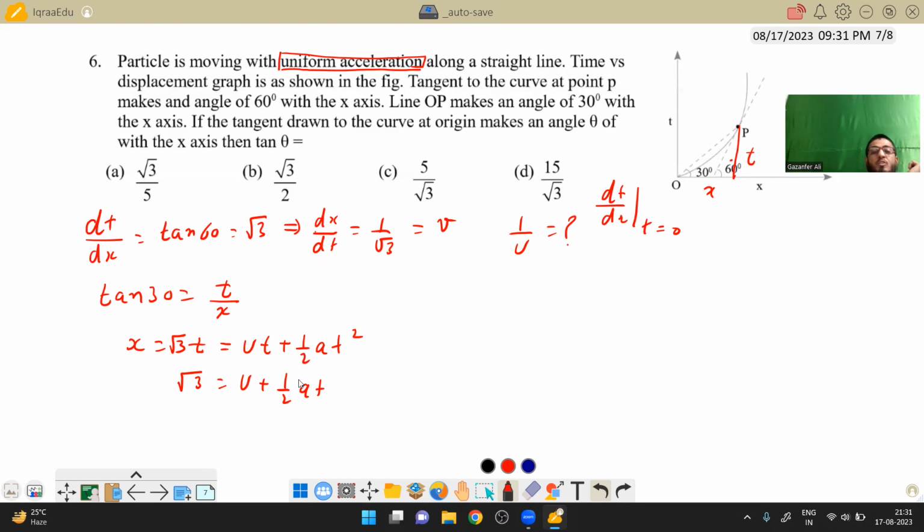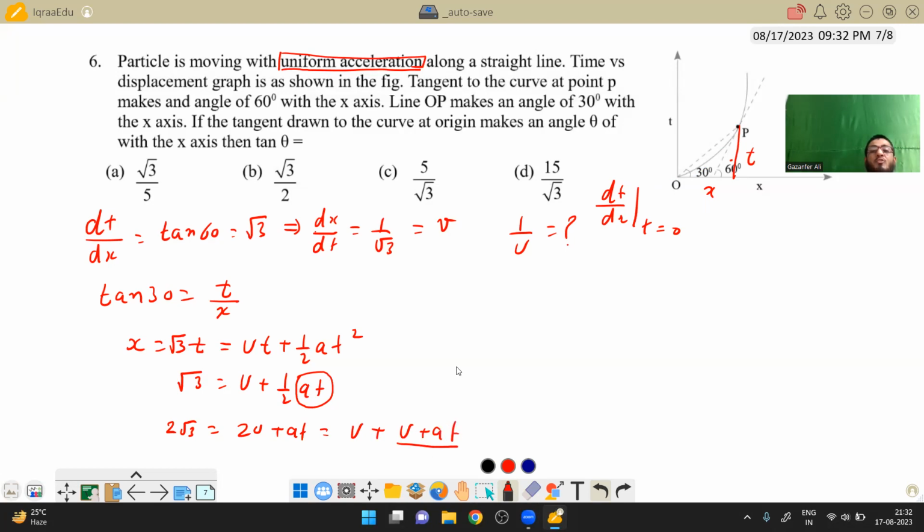Now how to get rid of this at? Any idea? Because acceleration is not given. Okay. 2 root 3 is equal to 2u plus at, which is equal to u plus u plus at.